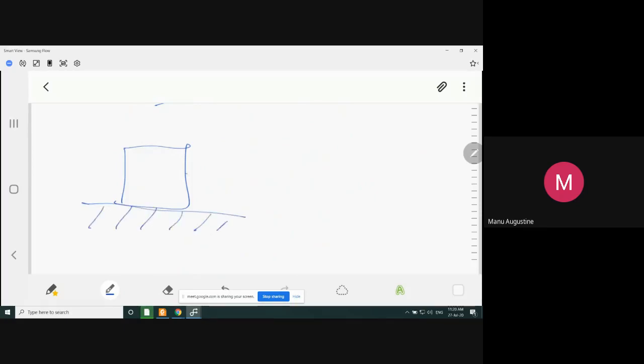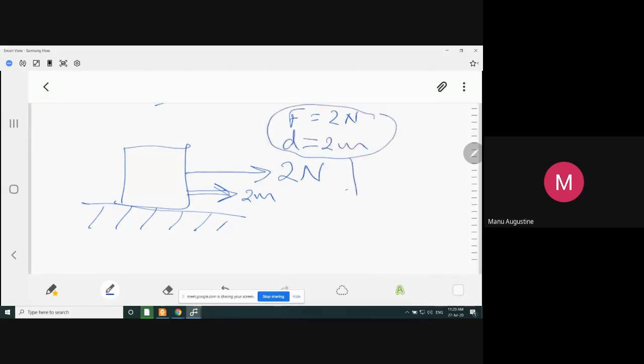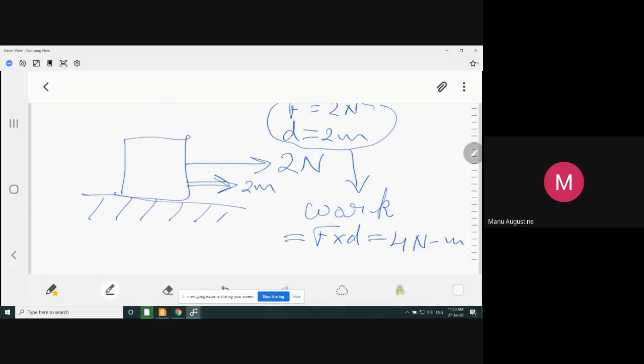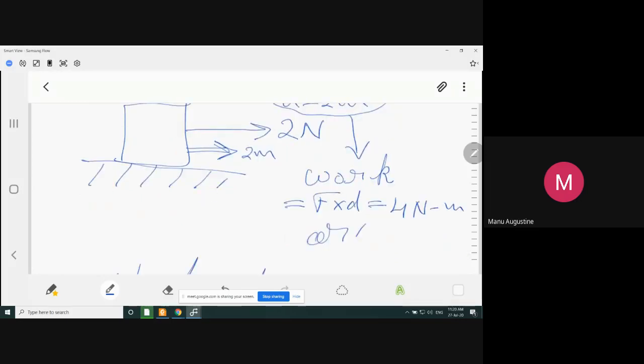If I apply 2 Newton force purely horizontally and it travels through a distance of 2 meters, then force is equal to 2 Newton, distance is equal to 2 meters, and therefore the work done would be simply put as force into distance. That is 4 Newton meter or 4 joule. This is the work done.